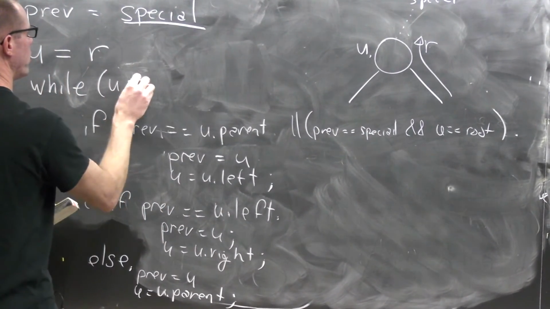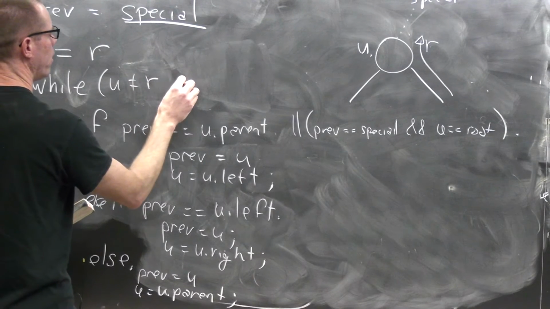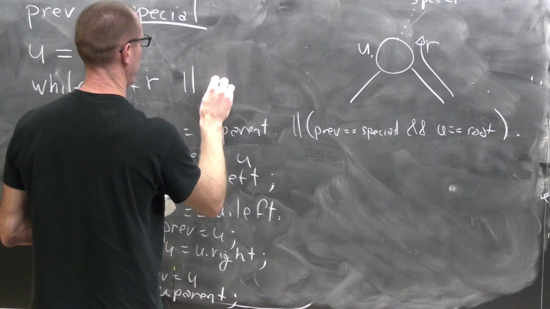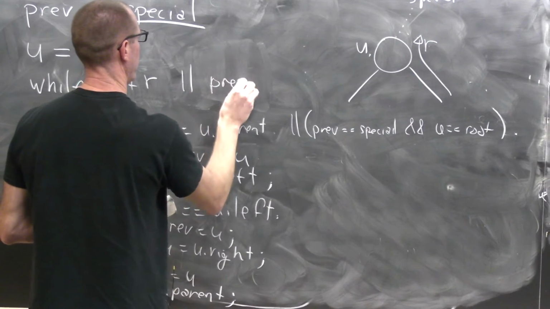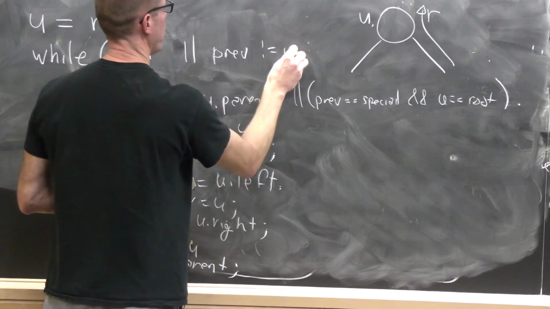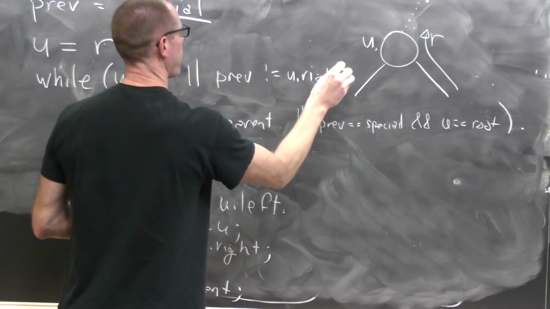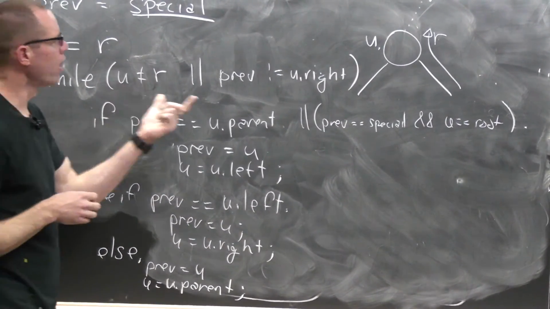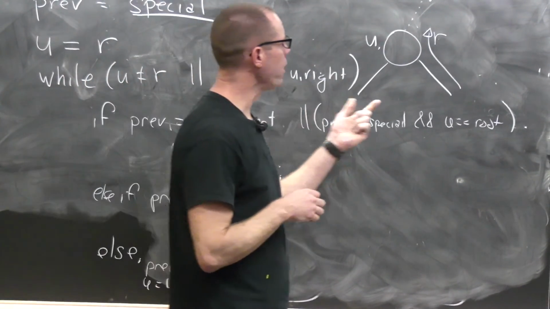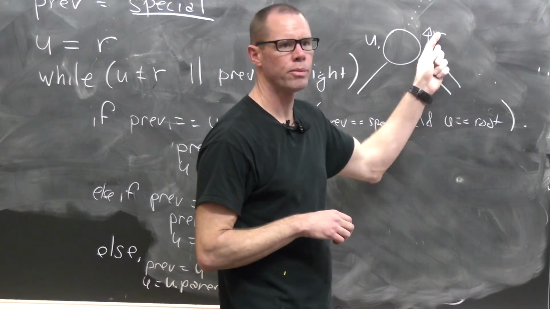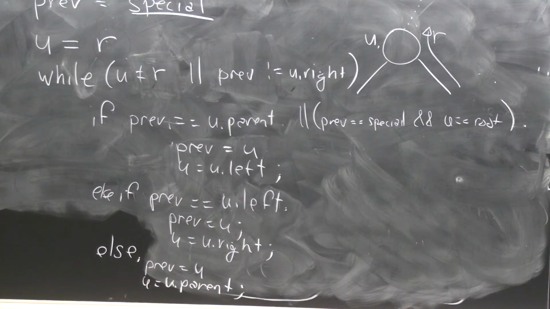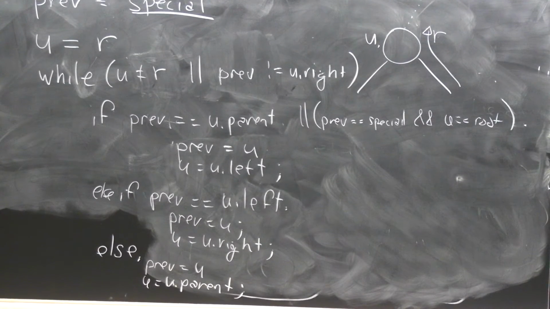So while u is not equal to r, or prev is not equal to u dot right. If both of these happen, u is equal to r and prev is equal to u dot right, then we should stop at that point because the next step would be out of this thing. Okay. So that's roughly the code for doing one of these traversals.